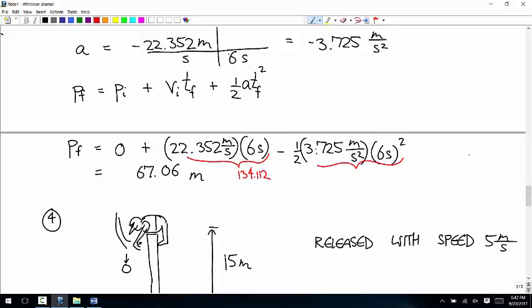And then what's 1/2 times 36, so 18 times 3.725. 67.05. And so this minus this. Oh, okay, yeah. Any questions about that?